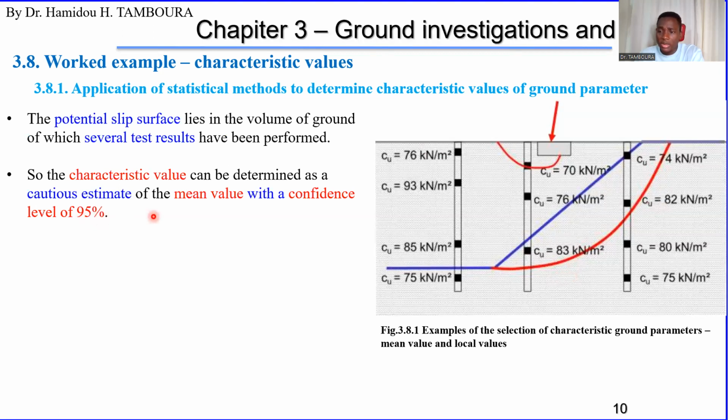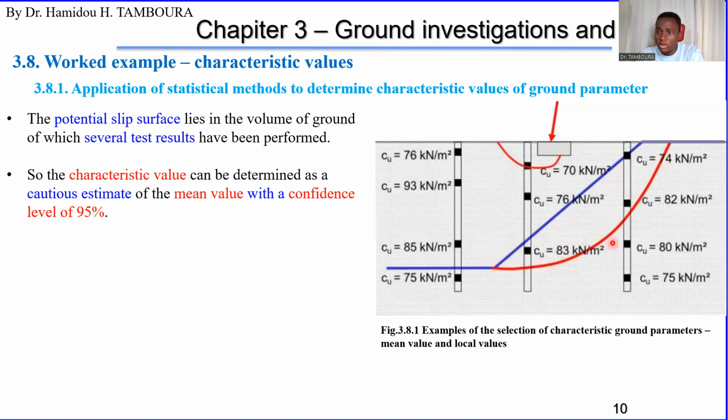95%. That means you can say with 95% confidence that the characteristic value can be obtained from the average, the mean value of these tests, because it is a normal distribution.